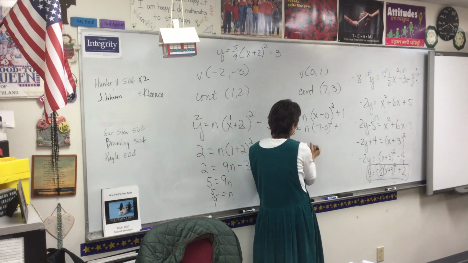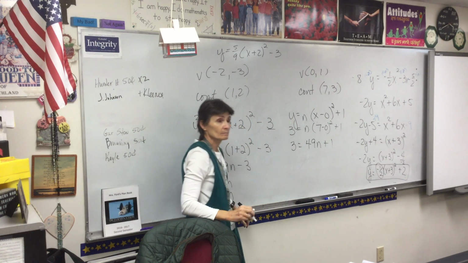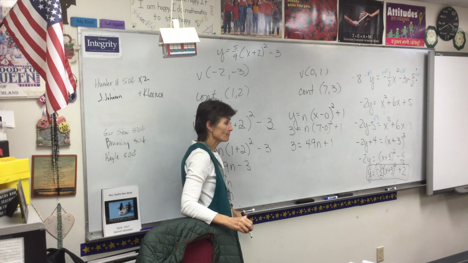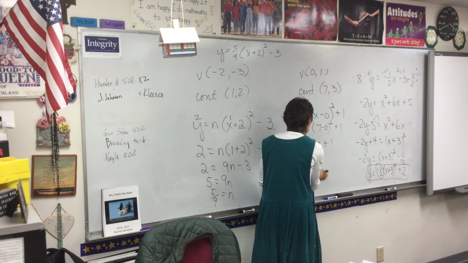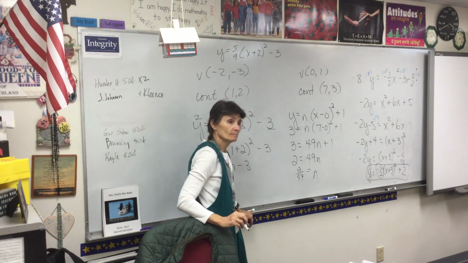So 3 equals 49n plus 1. 7 minus 0 is 7, squared is 49. So 2 equals 49n, and n equals 2/49.